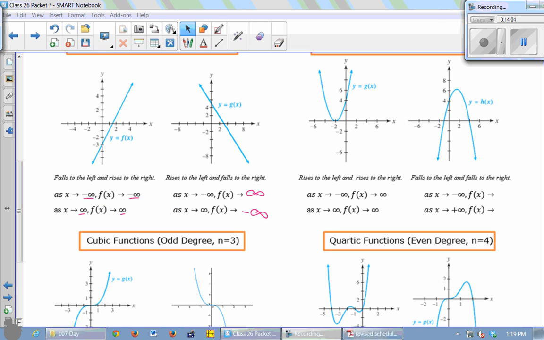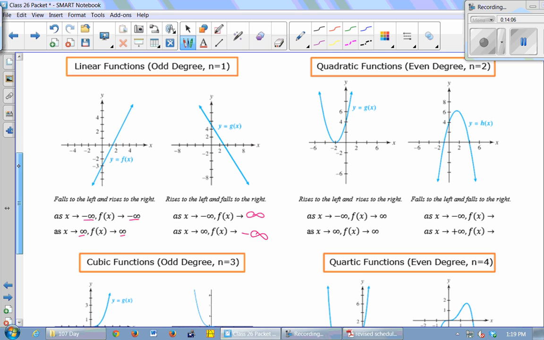All right, for these quadratics, these parabolas over here on the right, they have degree 2, which is even, right? 2 is an even number. The first ones we did were linear functions, which have degree 1, which means they're odd. Degree is odd. And here degree is even. And as x approaches negative infinity, f of x approaches infinity.